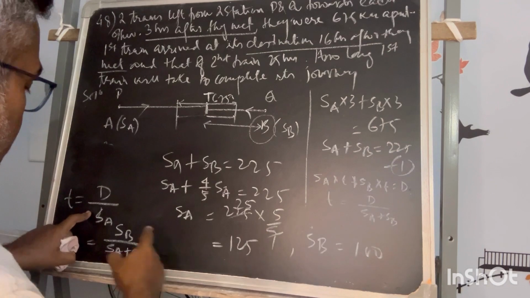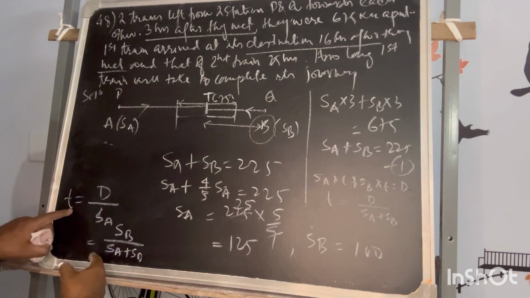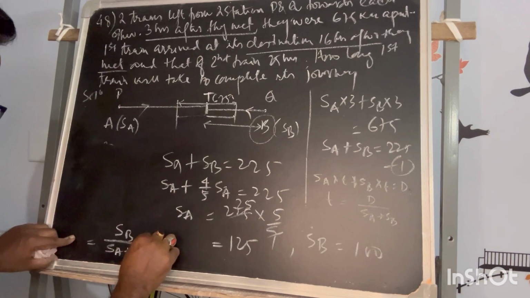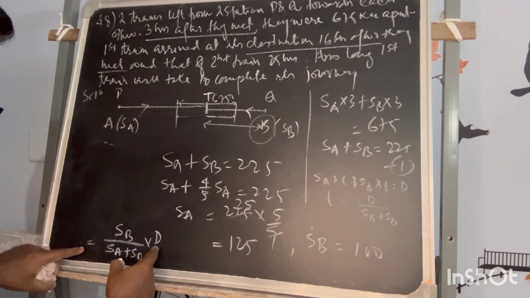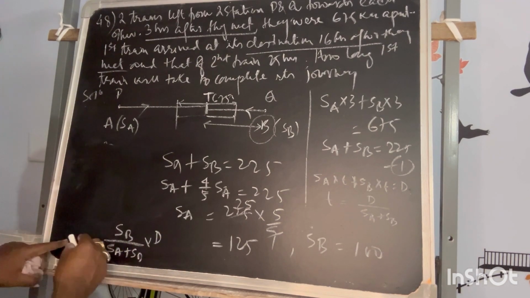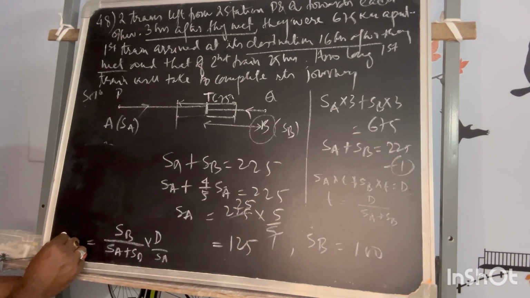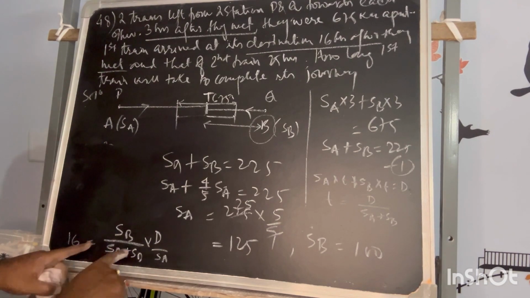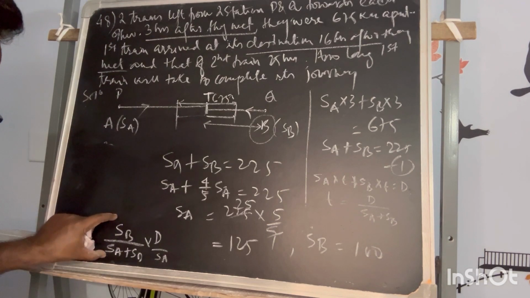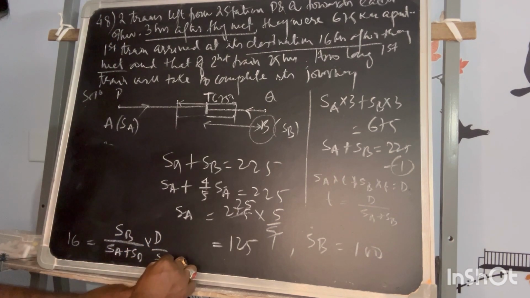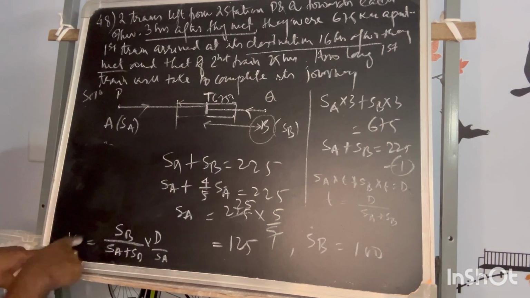Remember that D by SA, the equation was D by SA, we found this into D by SA. That was the 16 hours we have found. This was the equation. The fraction of B moved of the total distance by the A speed will be the time taken for the remaining.